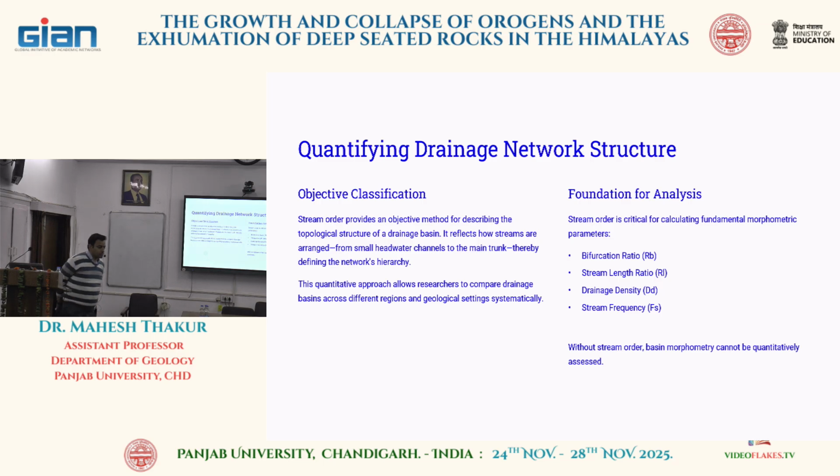So if you have a computer, you can install QGIS. It's freely available, and you can calculate these. Now the exercise is what we are going to do, basically quantifying drainage network structure.